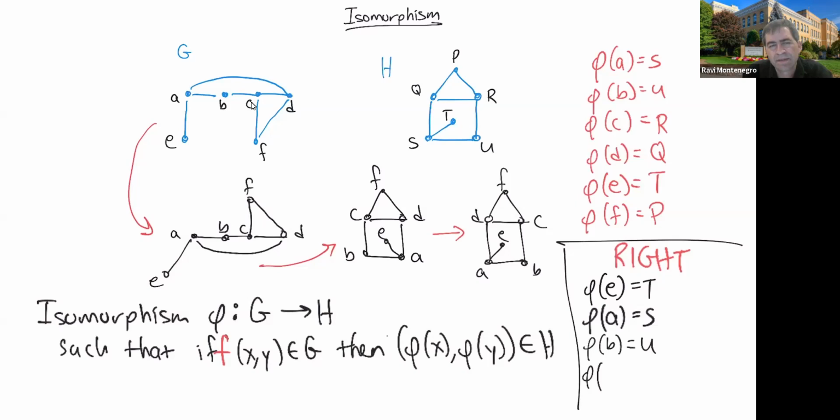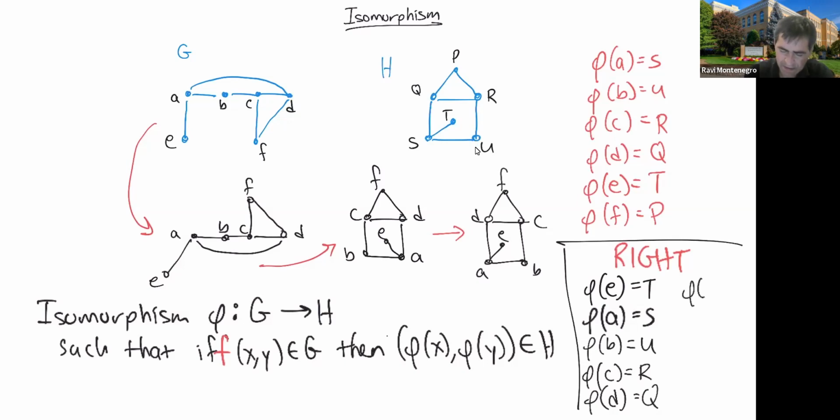Next to B is C. Next to U, the only option is R. Continuing on, D is next to A and C. So its image must be next to S and R. So there's S, there's R. Well, D has to be Q then. D could have been U, but the degrees are wrong. 3 and 3 works, 3 and 2 does not.